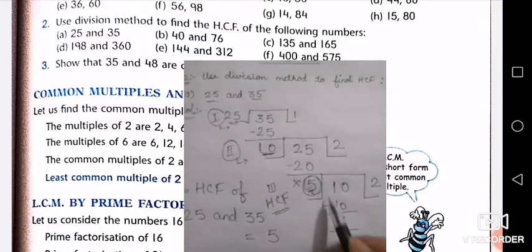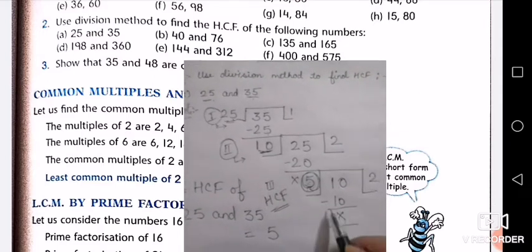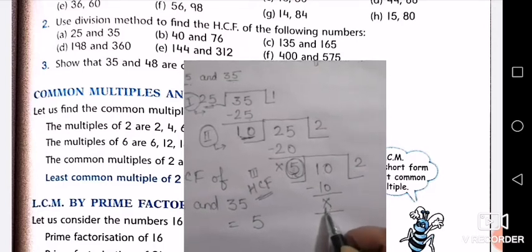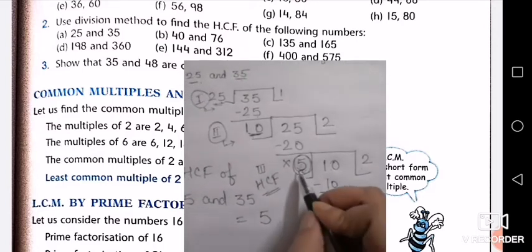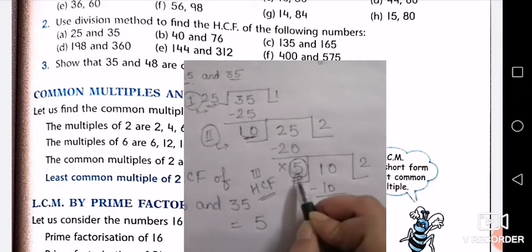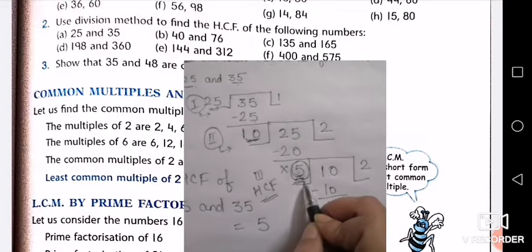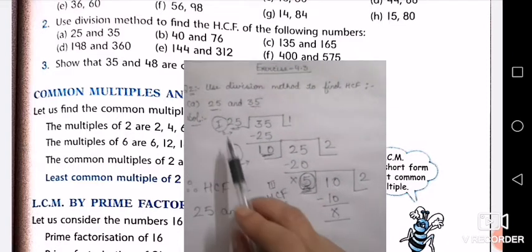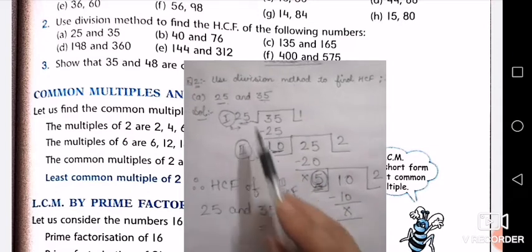Keep on doing the division, and once you get the remainder 0, then the divisor of that same step will become the HCF of the given two numbers.